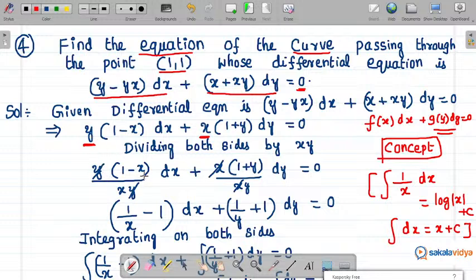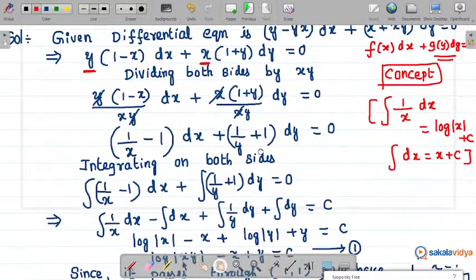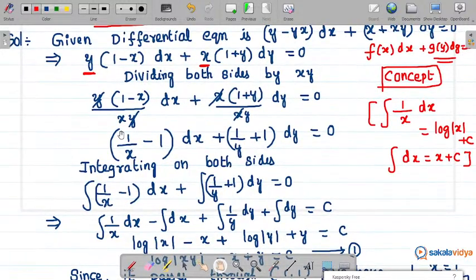y into (1 minus x) by xy dx plus x into (1 plus y) by xy dy is equal to 0. y gets cancelled, x gets cancelled. So then we can write (1 upon x minus x by x is 1) dx plus (1 upon y plus y by y is 1) dy is equal to 0.